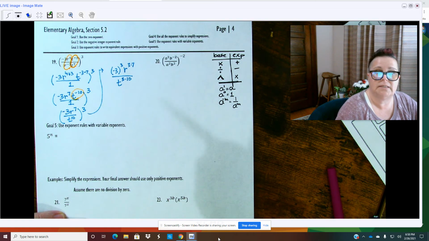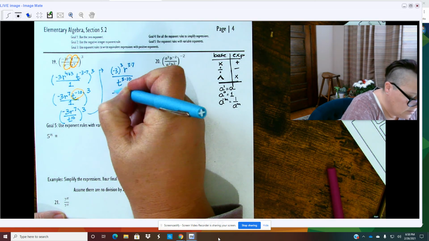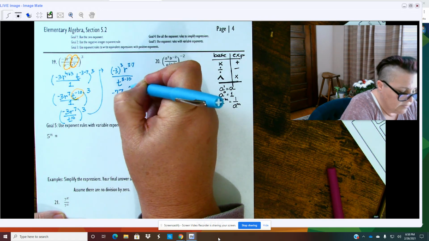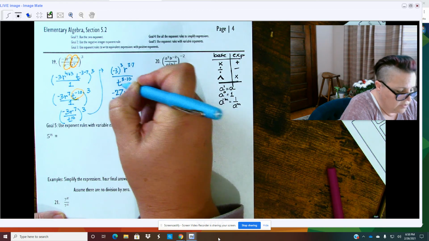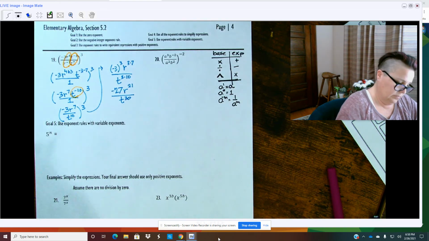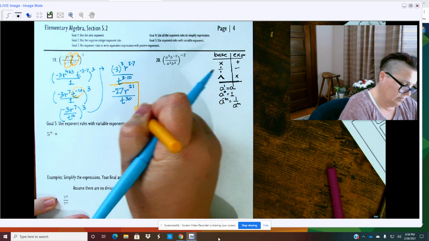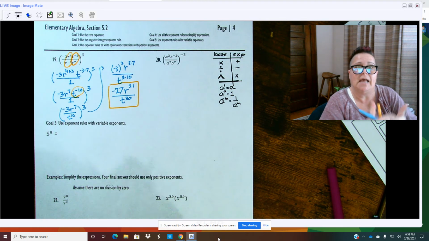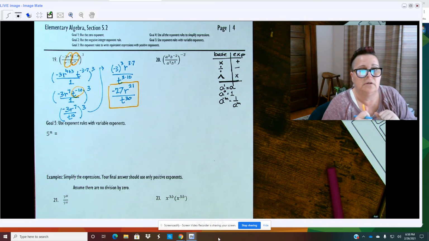It's a positive 9. Times a -3 again is a -27. R to the 3 times 7, which is 21, over t to the 30th. Here we go. One at a time from the inside out. Okay, I got an answer.